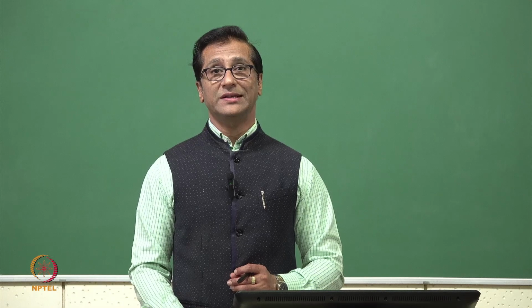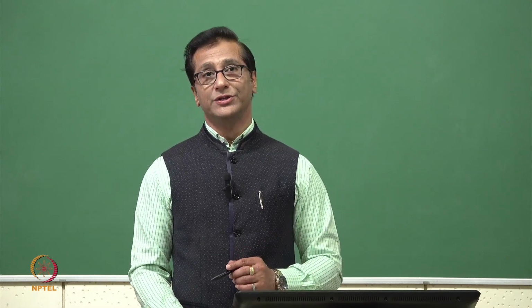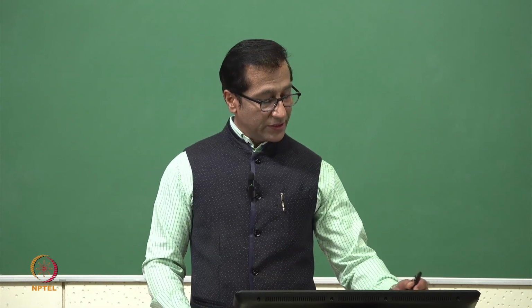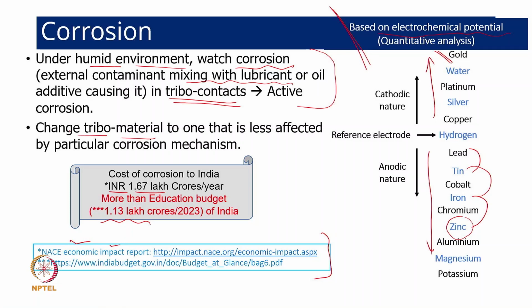We need to see what is wrong and how to change it. If the lubricant moisture level increases, again we need to change those things. And if we find some material, as I mentioned, like zinc that is getting corroded fast, can we change to iron, can we change to tin, can we change to lead, can we change to copper?